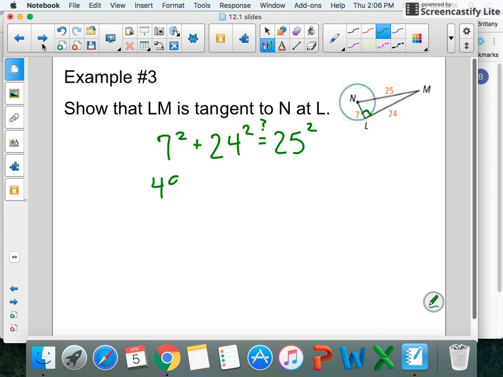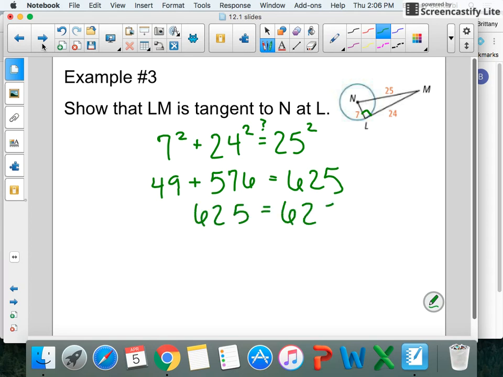So 7 times 7 is 49 plus 576 equals 625. And 49 plus 576 is 625. So since they are equal, then yes, it is tangent. If they were not equal, then it would not be tangent.